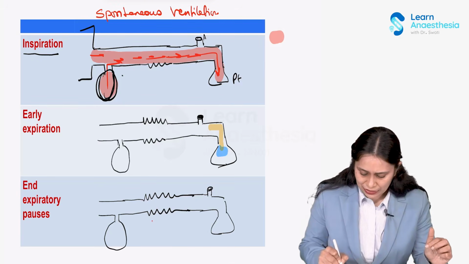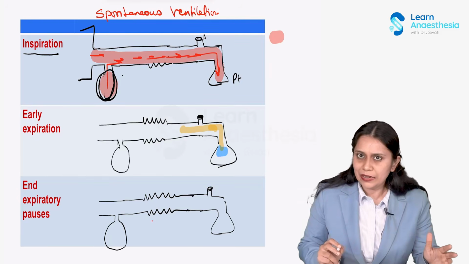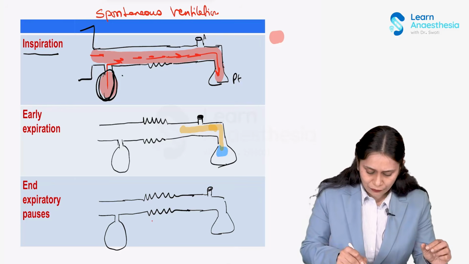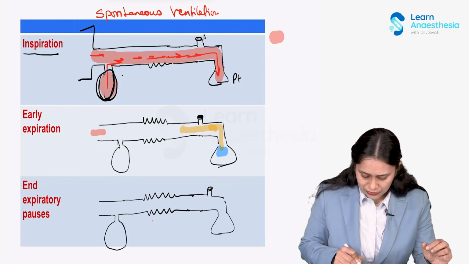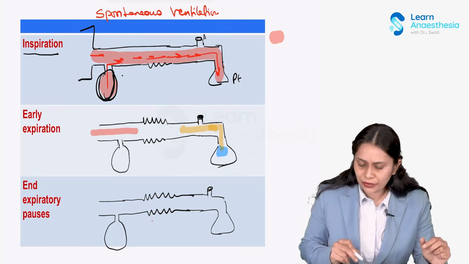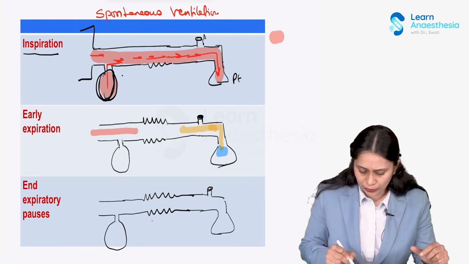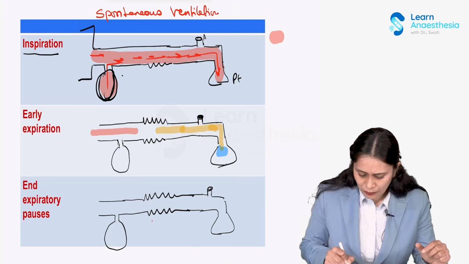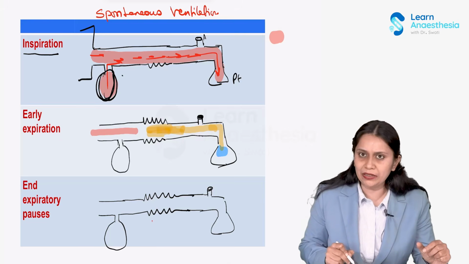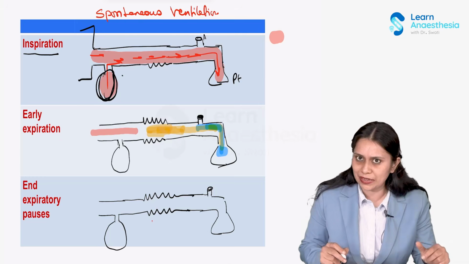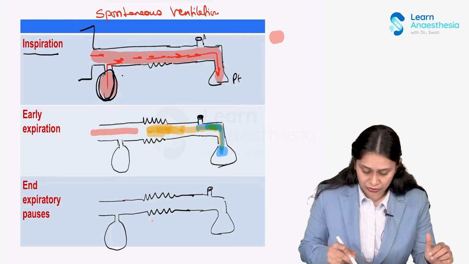The dead space gas enters the breathing tubes, right? And from this side, the fresh gas is also coming. So whatever fresh gas is in the breathing tubing is displaced by this expiratory gas, the dead space gas and the alveolar gas.